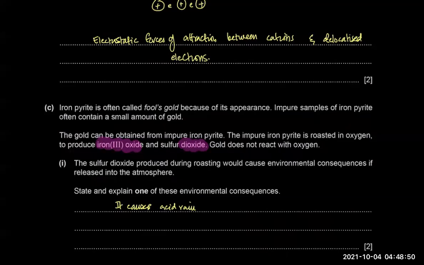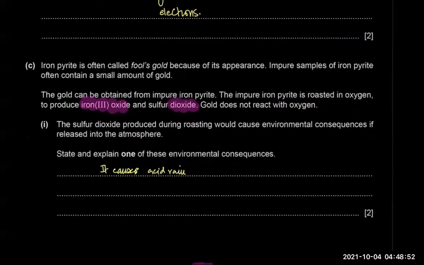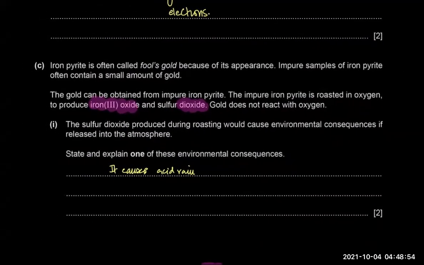Okay. So it causes acid rain, and what this does is it does many things, right? It lowers the pH of the soil, making it difficult for plants to grow, right?